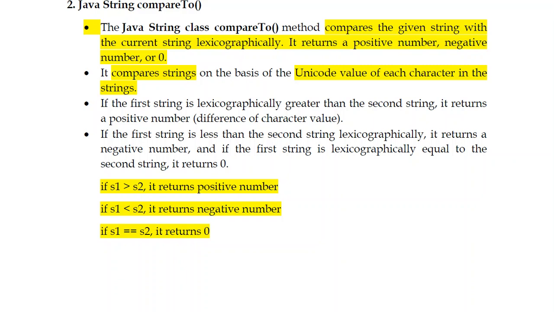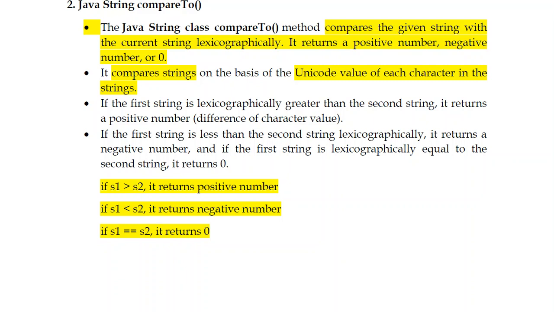All this comparison is based on the Unicode value of each character in the string. C++ follows ASCII, Java follows the Unicode system.